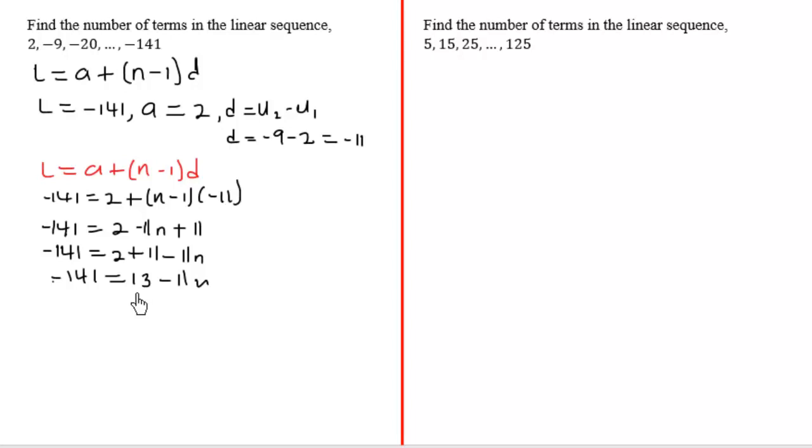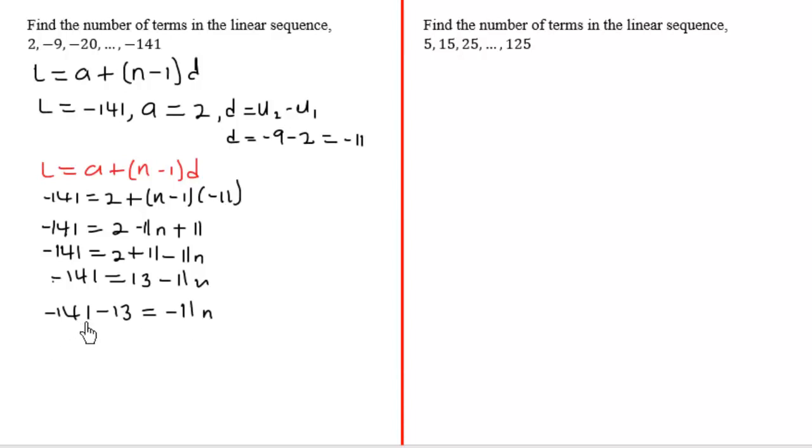So we are going to bring this 13 to this side of the equal sign, and the moment it comes here, the sign positive changes to negative. So that's going to be -141 minus 13 is equal to -11n.